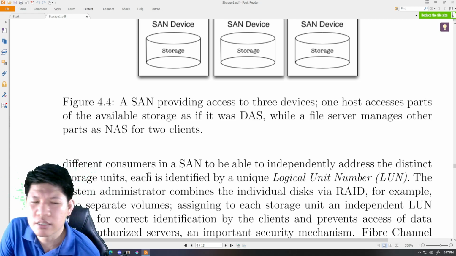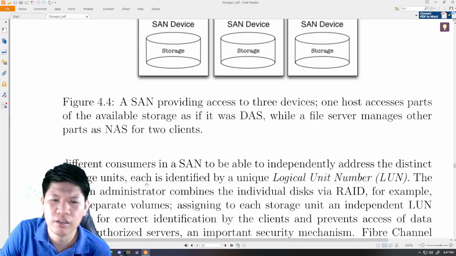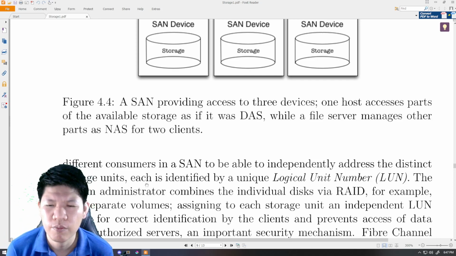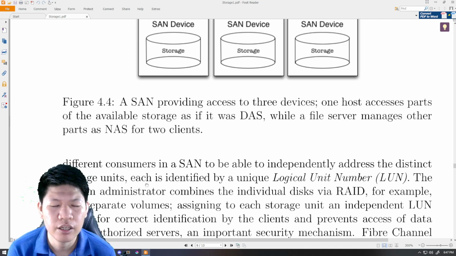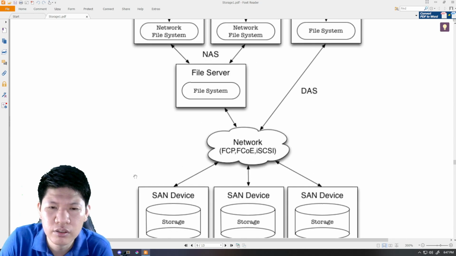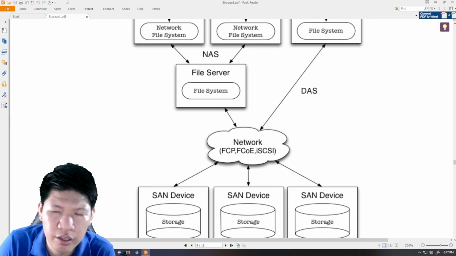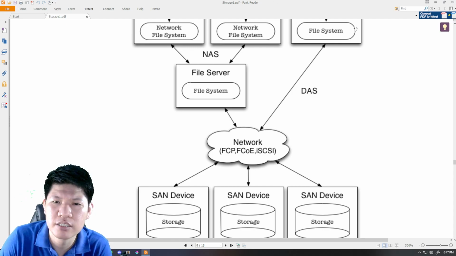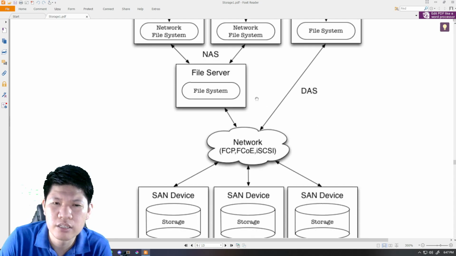The host accesses part of the available storage as if it was DAS, while a file server manages other parts of the NAS. Meaning, the NAS is connected to a file server, and if file system number 3 right here wants to access the software, they need to go through it.